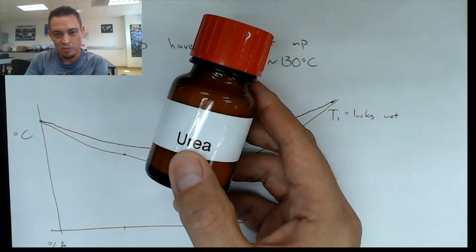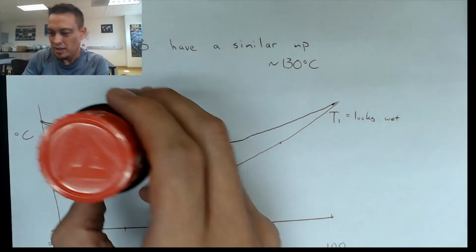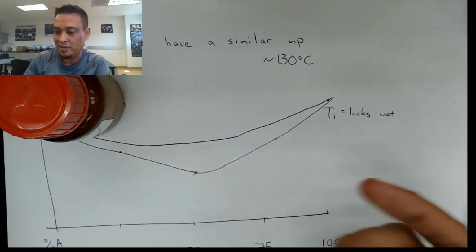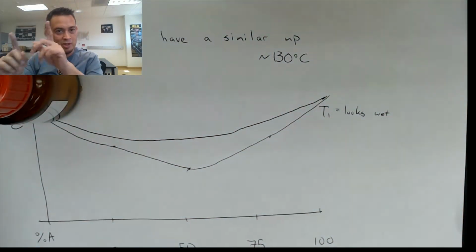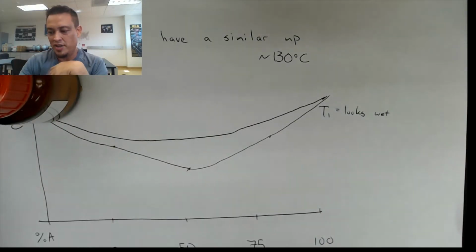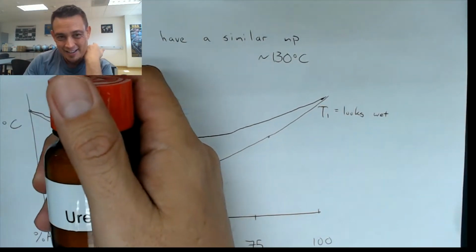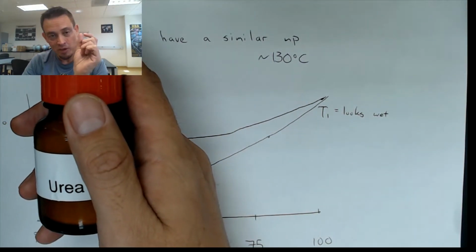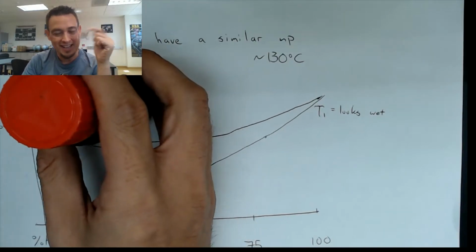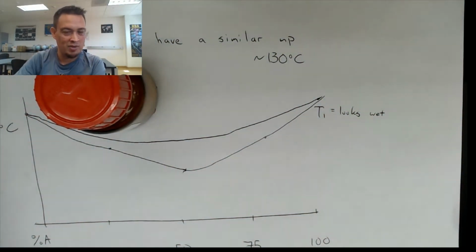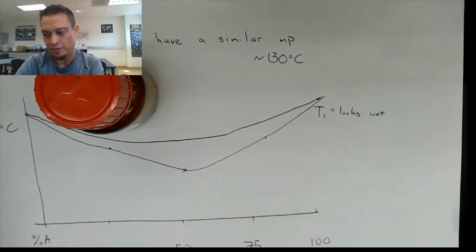Make a little sample with your unknown and urea, and then make another sample with your unknown powder with tranexamic acid, and then get the melting point for both mixtures. And then what you're going to see is that the one that is actually the identity of that compound should have a narrow melting point range. And the one that is the incorrect choice should have a really broad range. So whichever one had the narrow melting point range, that is the identity of the compound.